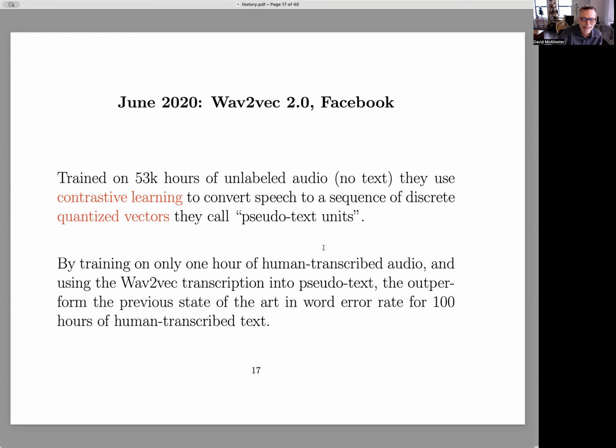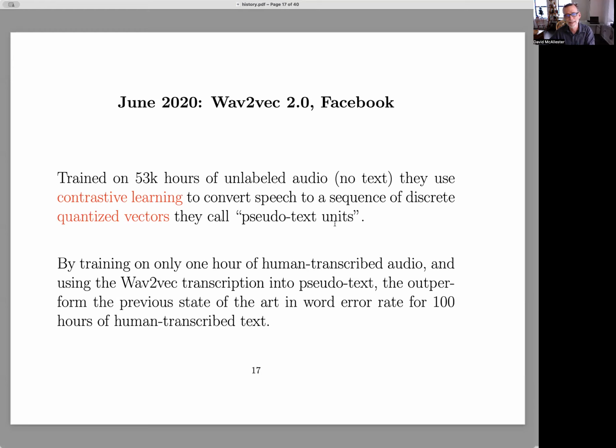And they showed that by pre-training on language and learning this phoneme system, these pseudo-text units, they could reduce the amount of sound transcription pairs needed. So they want to do speech recognition, to take sound and output text.